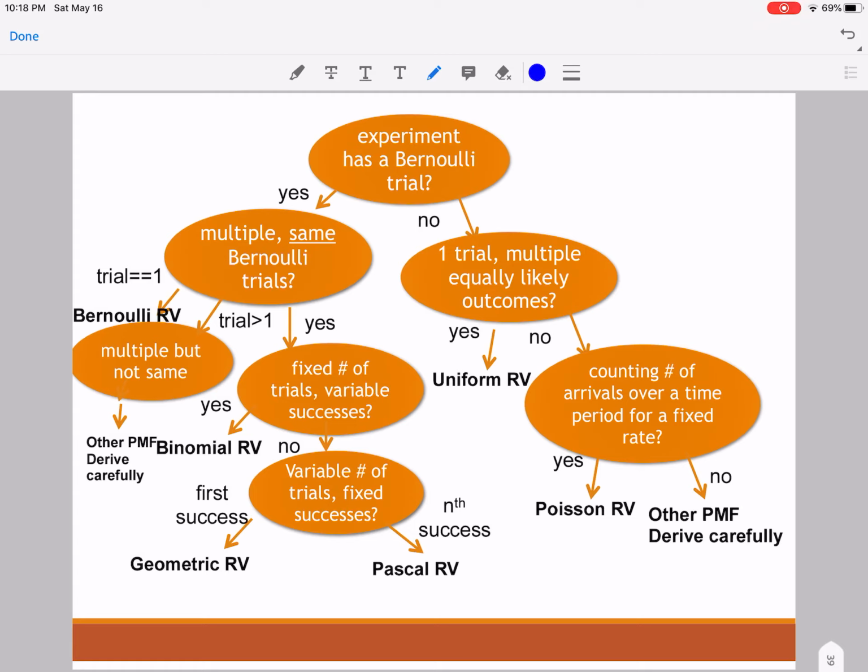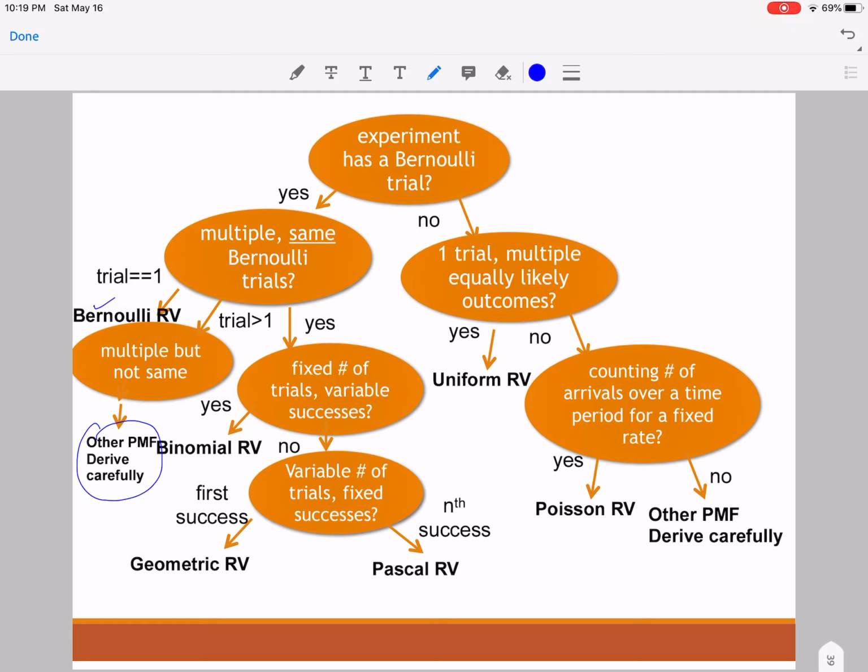If there's just one Bernoulli trial, I'm going to use a Bernoulli RV. If you have multiple Bernoulli trials, ask yourself, are they the same? If they are not the same, then you will have to derive your PMF carefully for your problem. This rarely happens. Usually Bernoulli trials are the same in most engineering situations involving discrete random variables.